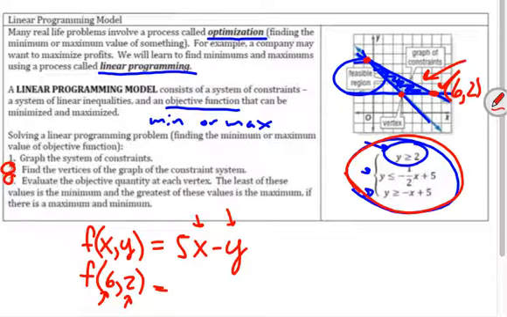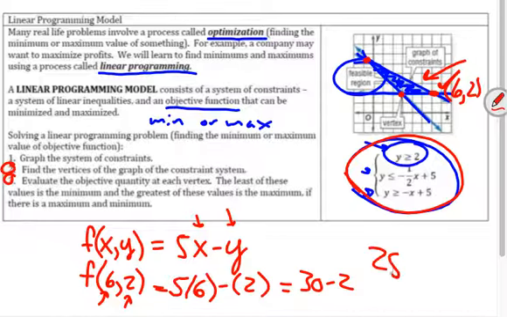So what it ends up being is 5 times 6 minus the 2, or 30 minus 2, or 28. Now that might be a minimum, maximum, or neither. We would have to plug in these other vertices into what we call an objective function. So it's kind of a little bit of an example of what we're doing.